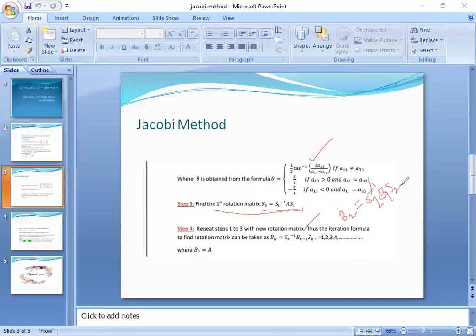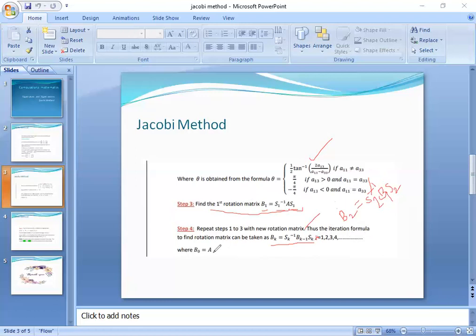So the iteration formula in general can be taken as Bk equals Sk inverse Bk minus 1 Sk, where k starts from 1, 2, 3 and so on. If k equal to 1, then we see that B1 equal to S1 inverse B0 S1, where B0 is A.